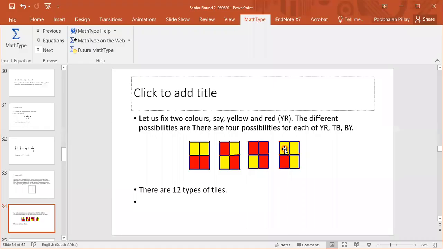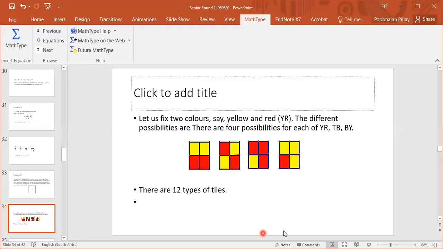It's no different, because all you have to do is turn this thing around, clockwise or anti-clockwise, and you will come to each one of these situations. So there is only 1 tile with 1 red. I hope you understand that. If you turn it around, you can get different positions for the red, but it's the same coloring. So 1 red is like that.